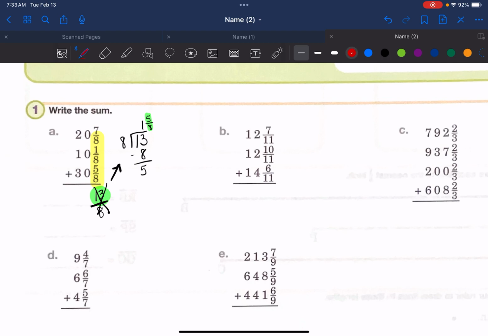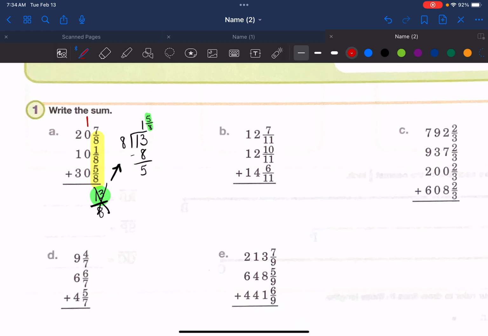So now I'm going to carry my 1 over to the whole numbers. It's still in the ones place value because it's a single 1, but it's a whole number, so it's no longer a fraction. And then the 5/8 that is green is going to replace that 13/8. Okay, so 5/8, and then I'm going to erase that. I'm going to move it over because I'm going to put my whole answer together.